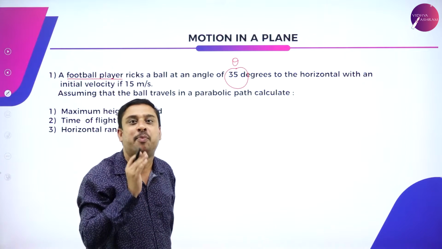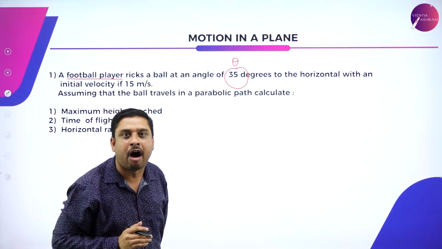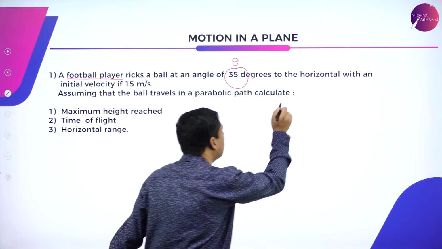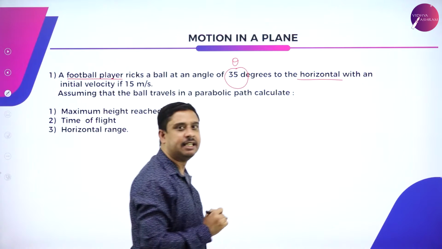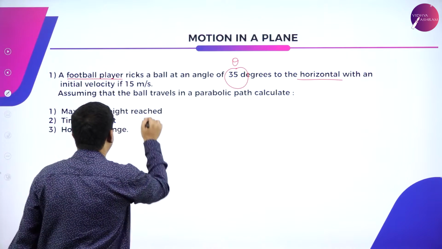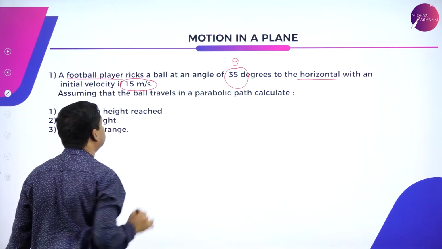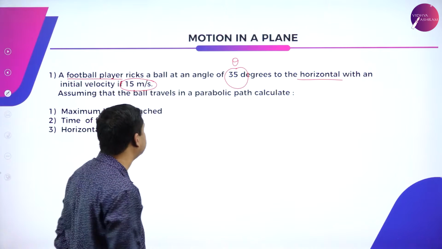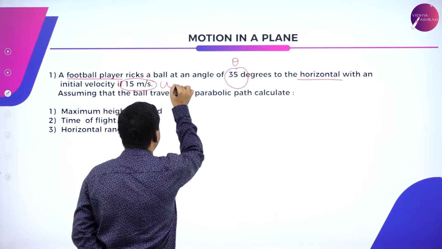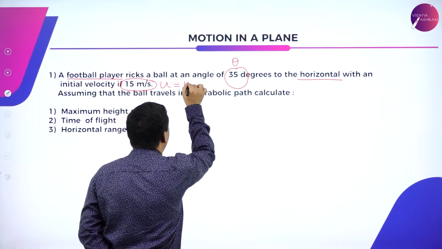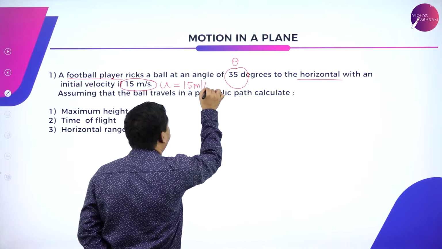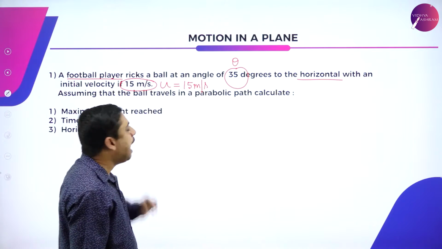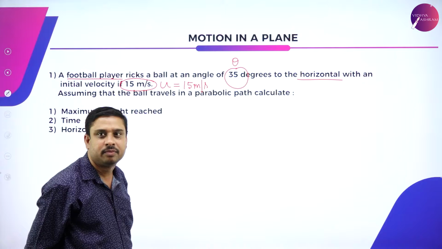So, angle of projection theta is given to be 35 degrees to the horizontal with an initial velocity of 15 meter per second. So theta and u are given.